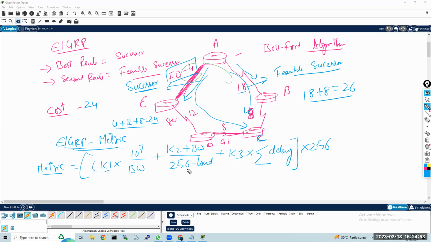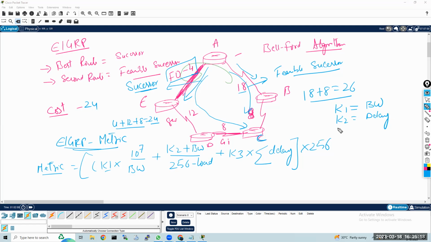What does K stand for in that case? What is K? I told you, right? What is K1? Let me write it down here. K1 is bandwidth.